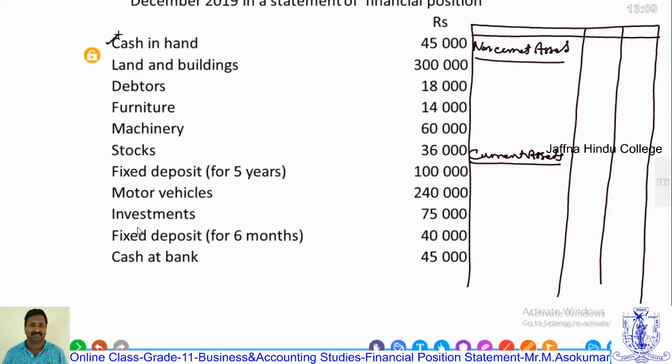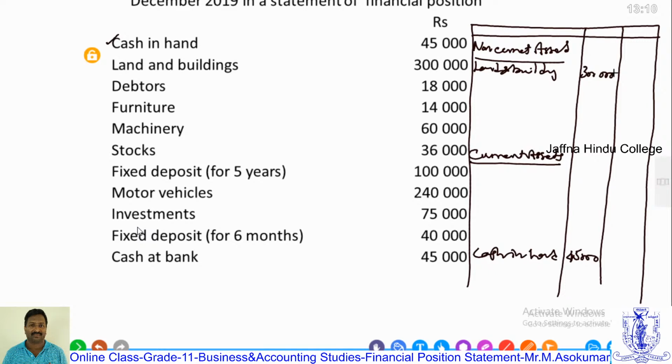Cash in hand is 45,000. Second thing, land and building. Land and building is a non-current asset with low liquidity, so we can put it at the top of this category. Land and building, rupees 300,000.